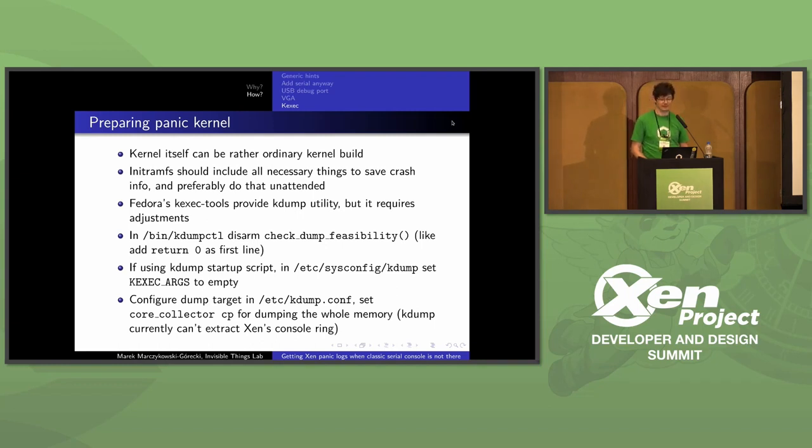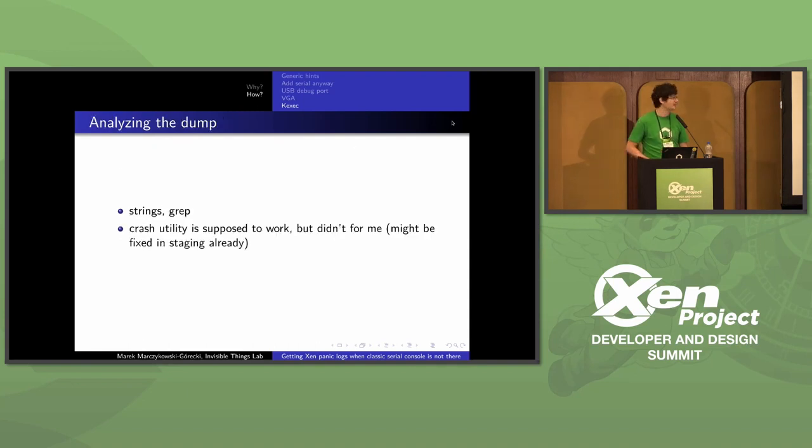If using a crash kernel for Linux, there is a utility that can do something smarter and not dump the whole memory, but for example extract dmesg as a kernel messages buffer, but it doesn't work for me with Xen. So we can dump the whole thing, and then you can analyze it.